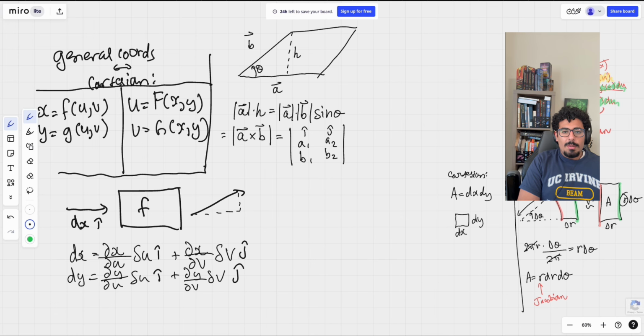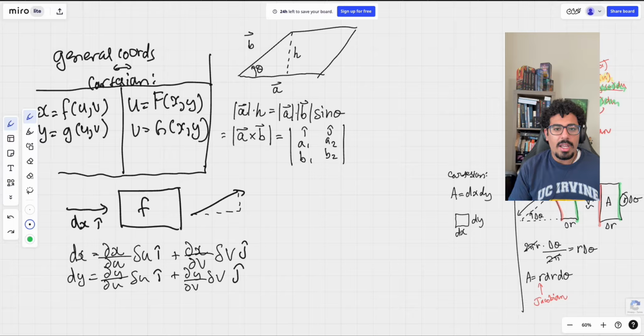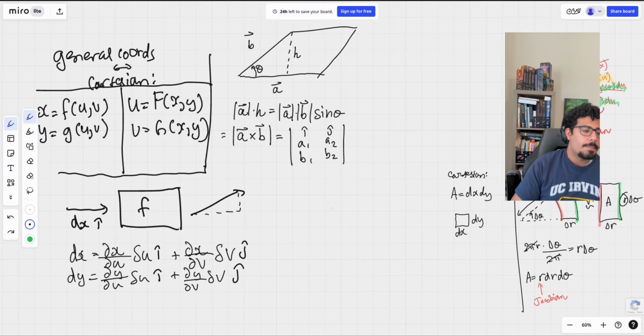Now remember what we said before. The vectors a and b are just the transformed versions of dx and dy. And so we can plug dx and dy into this determinant over here to find out what the scaling of this coordinate system is, and how you scale the dx and dy to find the area elements in this new coordinate system, which is basically what a Jacobian is.